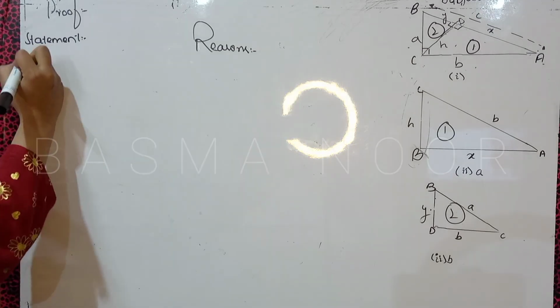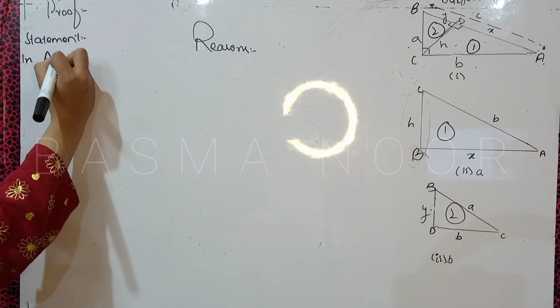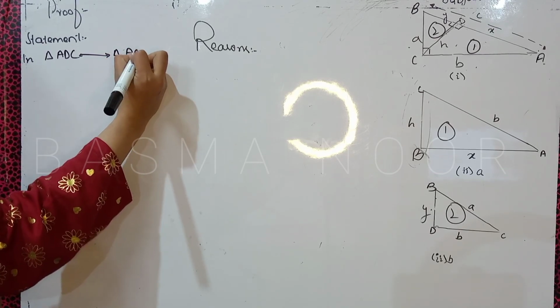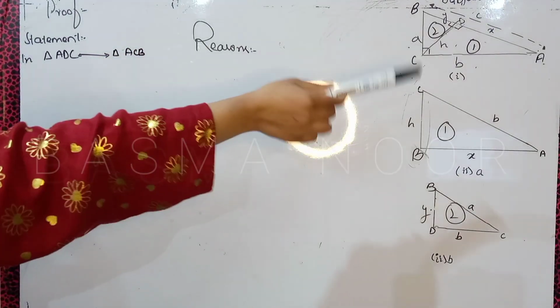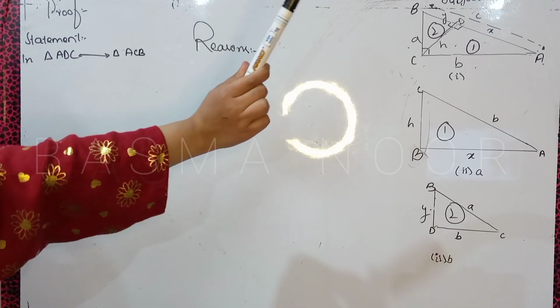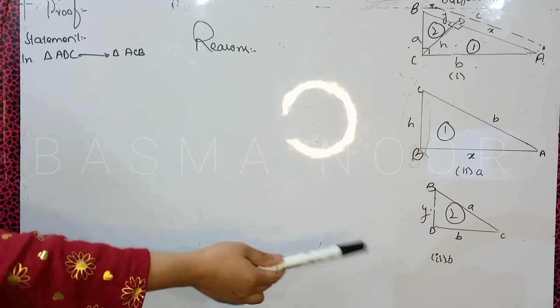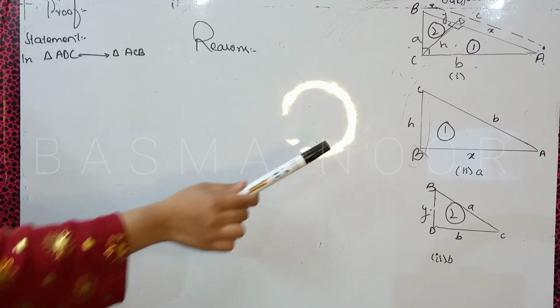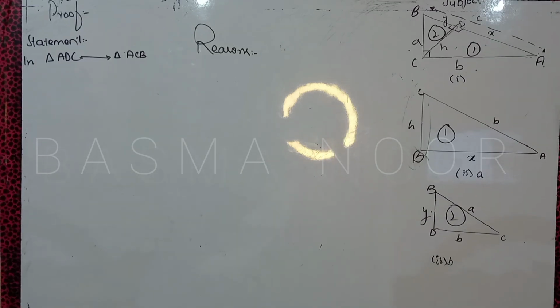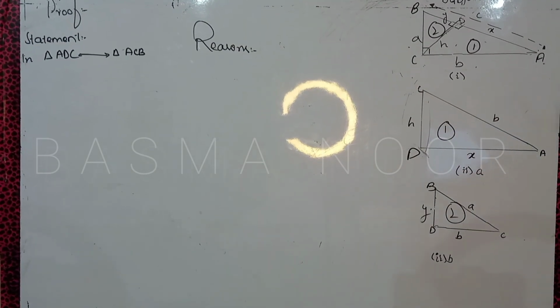So triangle ADC has a correspondence to triangle ACB. Which triangle am I talking about? ABC has a correspondence to ACB. And we are talking about the first and the second. We're gonna take the correspondence of these two triangles, ADC and ACB.